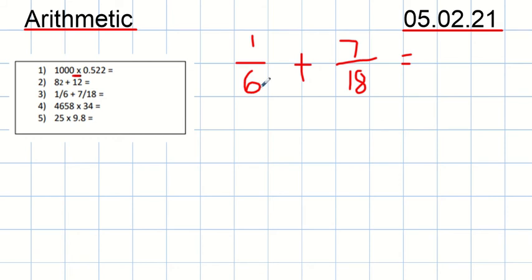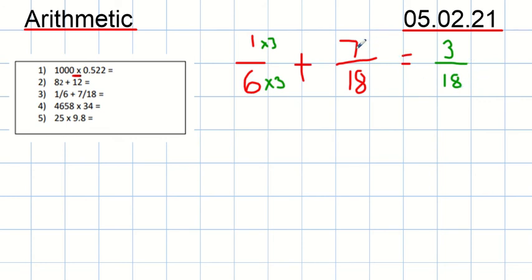So is there anything I could multiply by to make these denominators the same? Well, I know 6 multiplied by 3 is 18. Whatever I do to that bottom denominator, I have to do the same to the numerator. So 1 times 3 is 3. I've converted the first fraction into an equivalent fraction of 3/18.